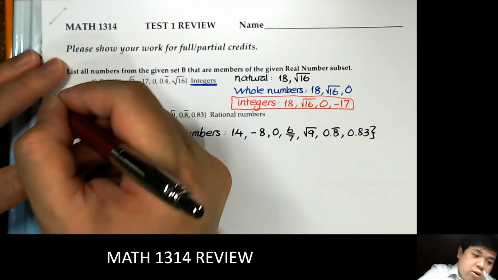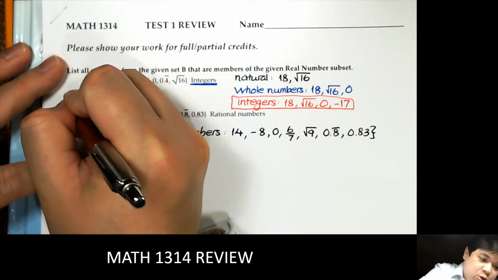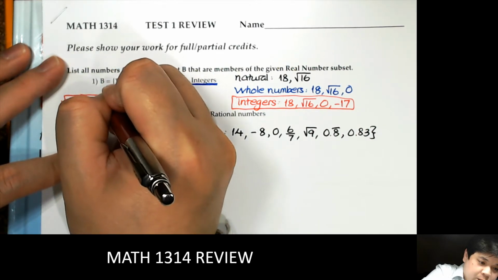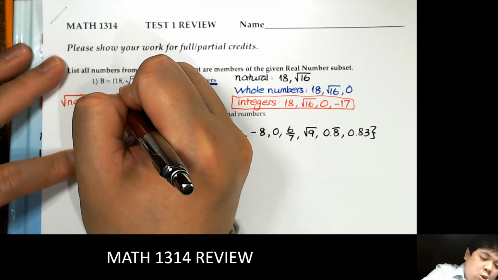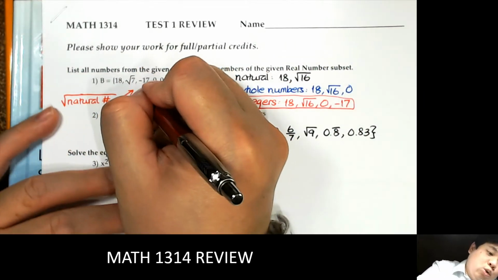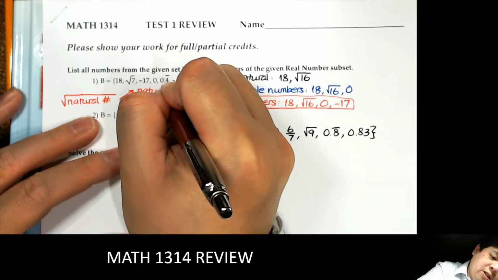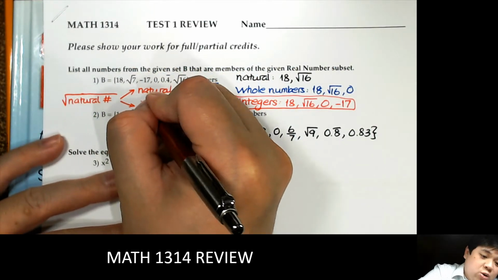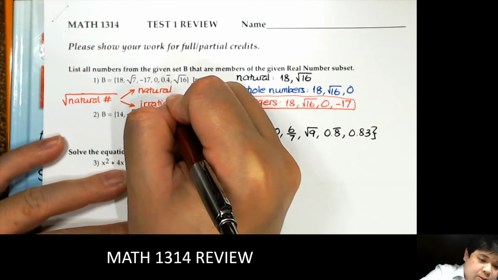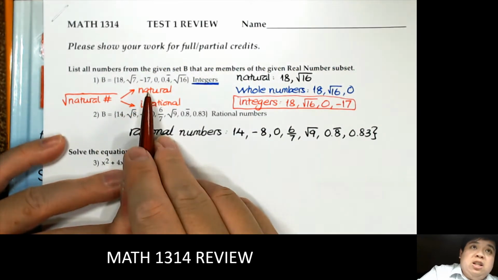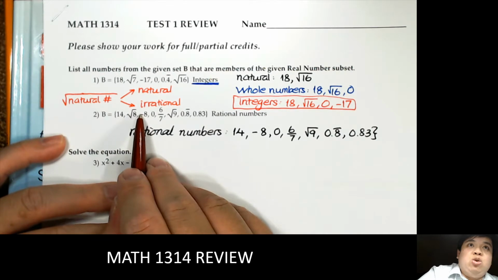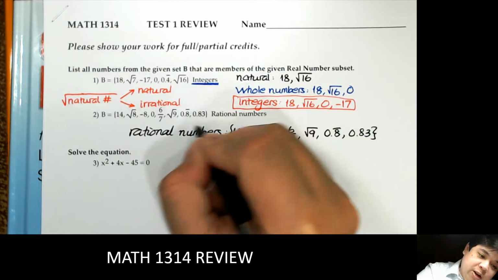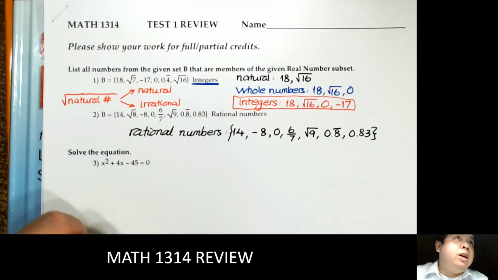Remember, in general, if we take the square root of a natural number, there are only two possibilities. It could be a natural number, or if it's not a natural number, it must be irrational. Since square root of 8 is not natural, it has to be irrational. So just list everything else other than square root of 8.